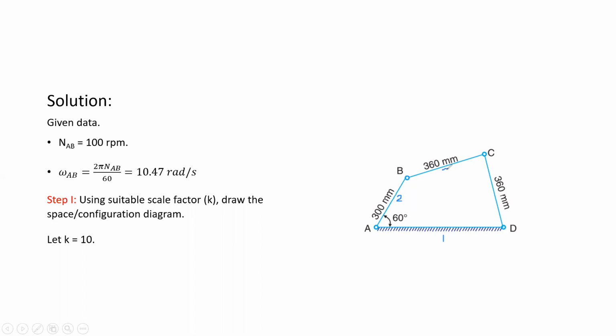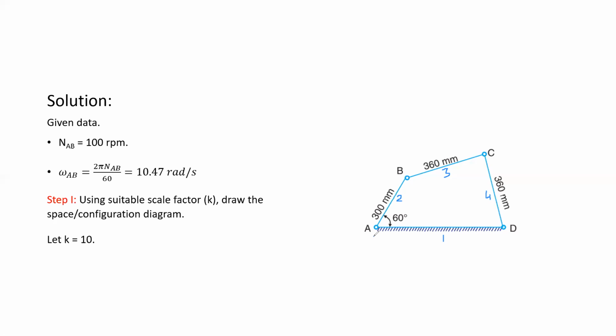Then I will continue from here. Link 3. And it is link 4. Now by observation, you have to see how many ICRs you can locate. One can easily spot that link 2 will turn about link 1 at this point.